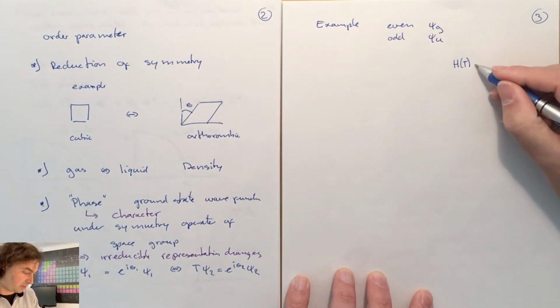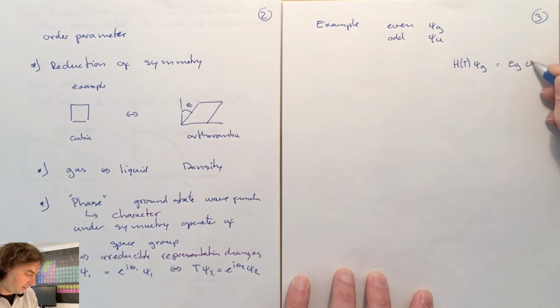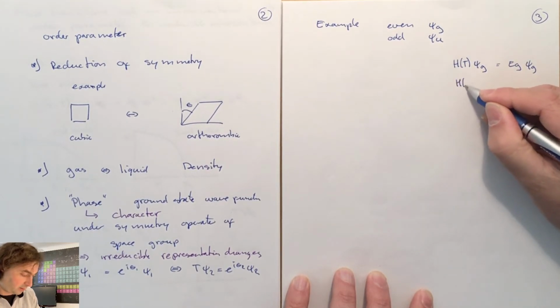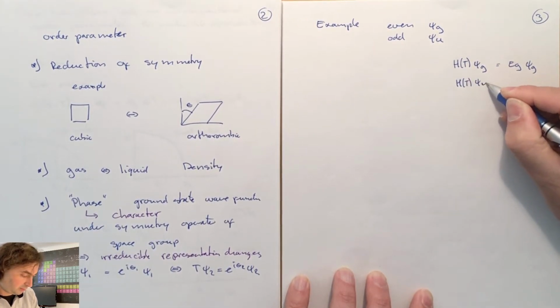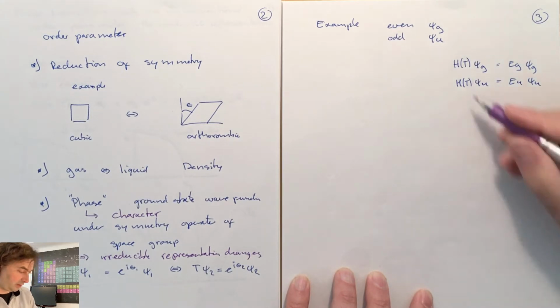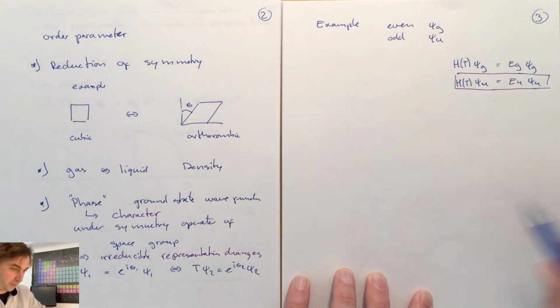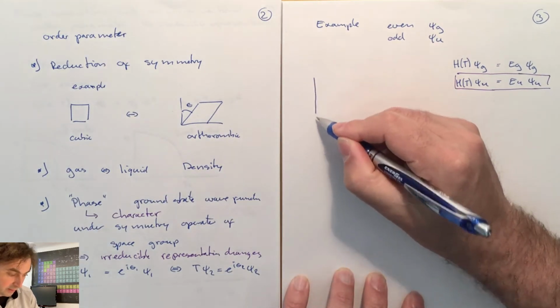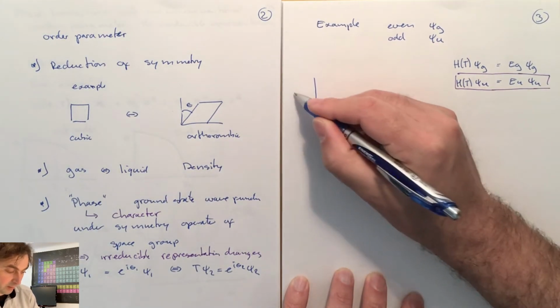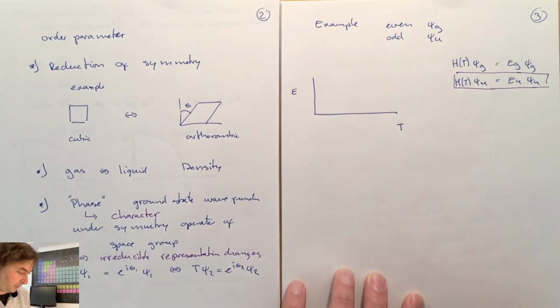So I have a temperature dependent Hamiltonian, and both the gerade as well as the odd ungerade wave functions are eigenstates of that Hamiltonian. And let's take a different color for the two states. We can then make an energy level diagram where we look at the energy as a function of temperature.